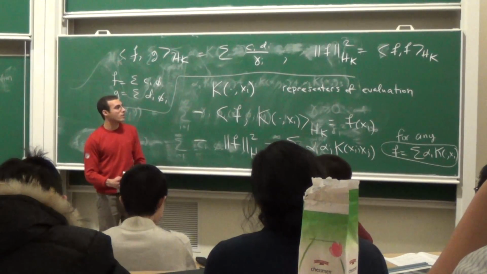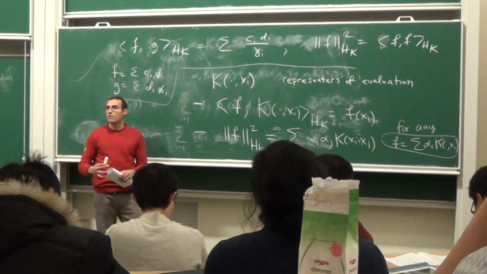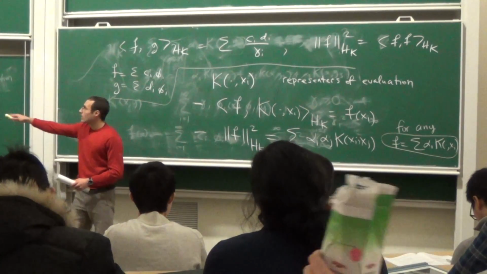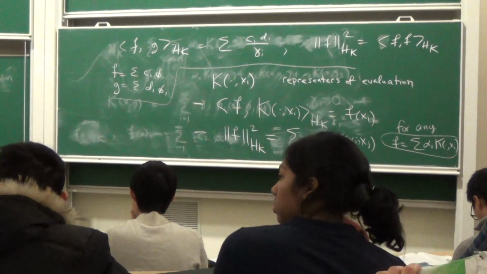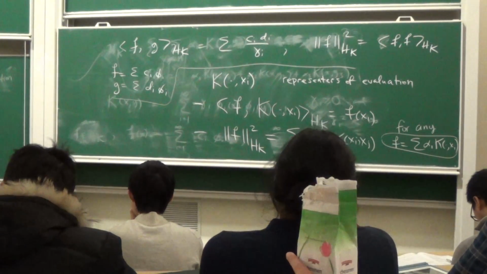I still haven't shown that to you. But once I show that to you, everything will be done, right? Because all I do is plug in that linear combination here, and this part is obviously what the loss term looks like, and the penalty term looks like alpha transpose K alpha.